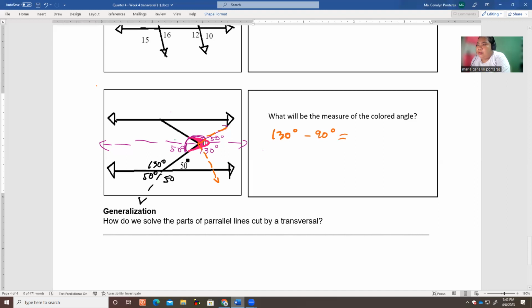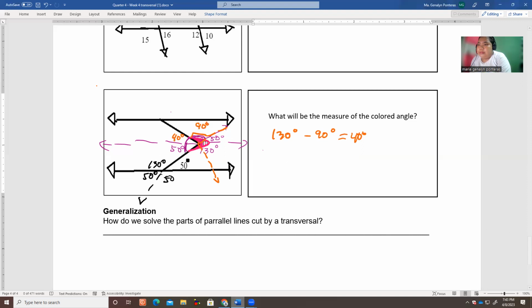So that would be 40 degrees. So this one is 40. So 130 minus 40, that would be 90. Is that valid? Like this one is 90.